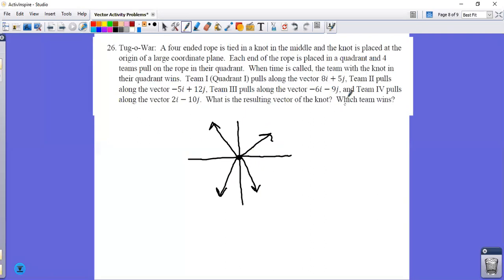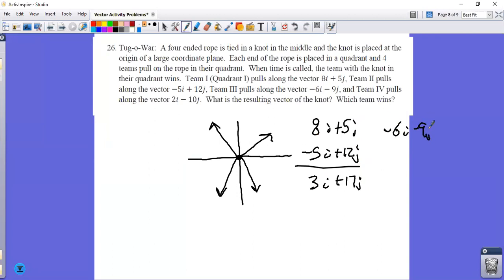So it's just, again, add them all up. 8i plus 5j and negative 5i plus 12j would be 3i plus 17j. The second two, negative 6i minus 9j and 2i minus 10j would give us negative 4i minus 19j.